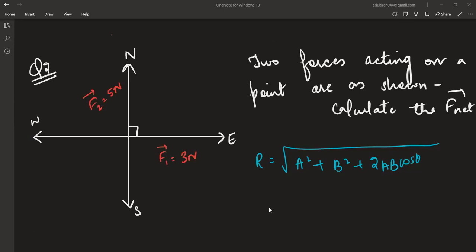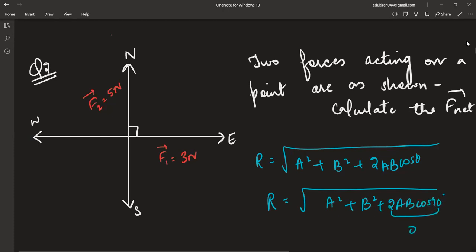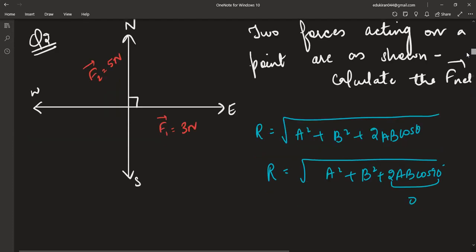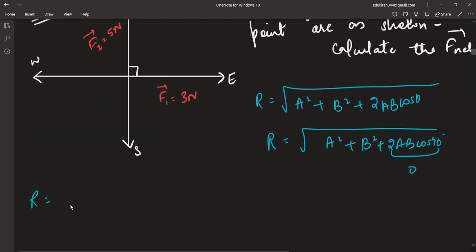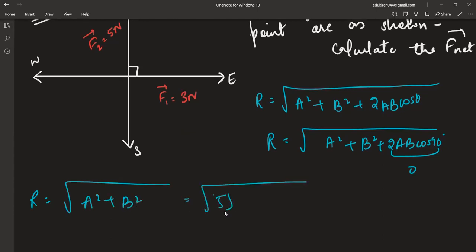So if we write this r as under root a square plus b square plus 2ab cos 90 degrees, this term will become 0. So we are just left with r is equal to under root a square plus b square. So this is equal to 5 square plus 3 square. This is forming a Pythagorean triplet.